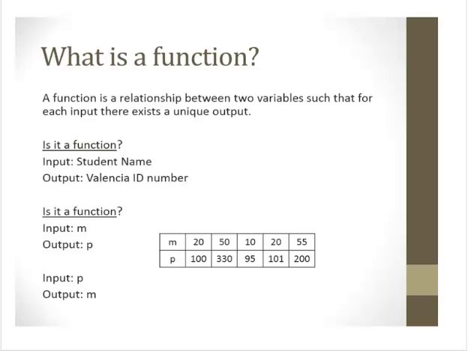So let's consider a few situations here. First, is it a function? If the input is the student name and the output is the Valencia ID number, is it a function? So to determine if it's a function, each input must have a unique output.